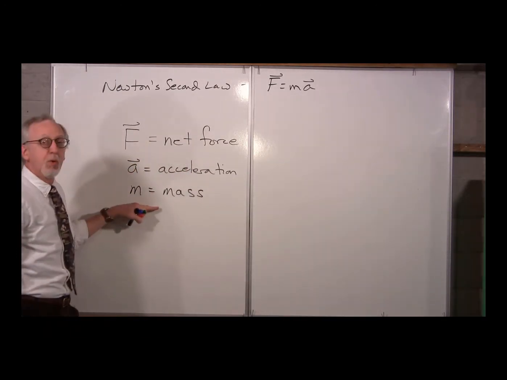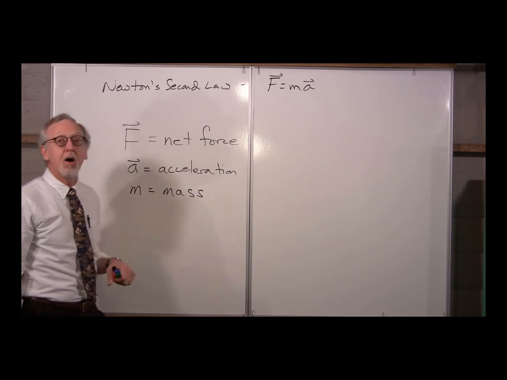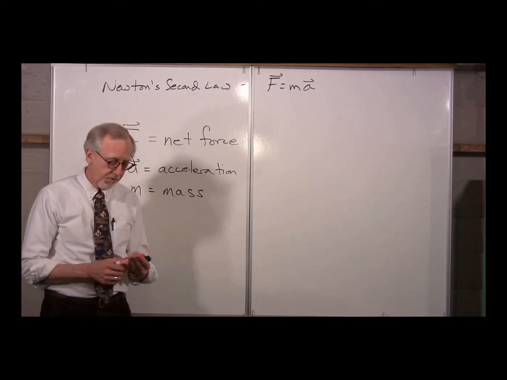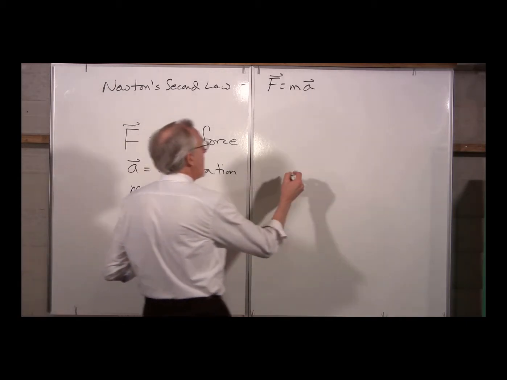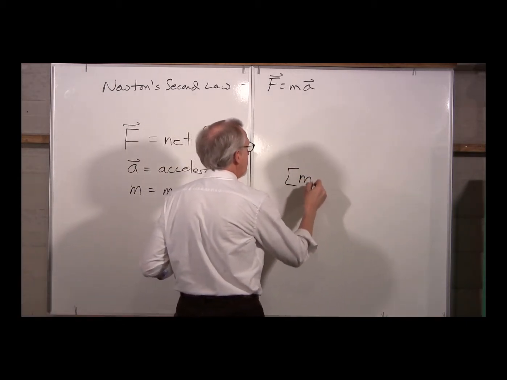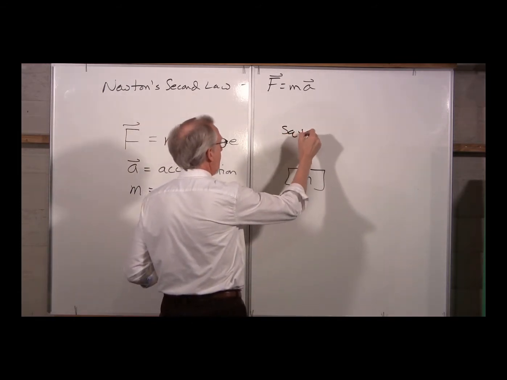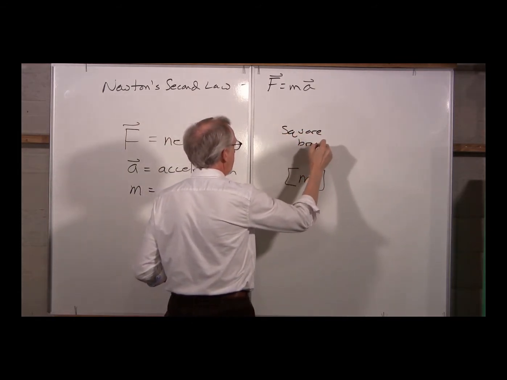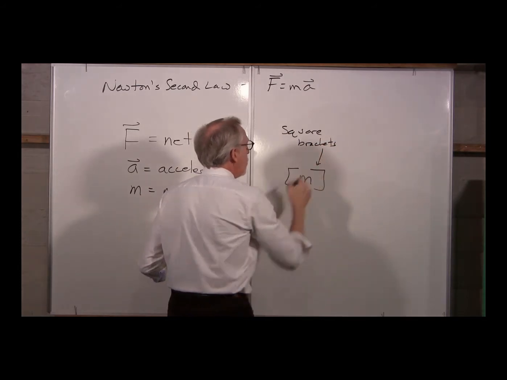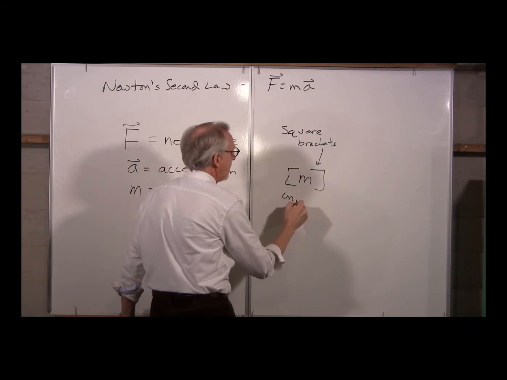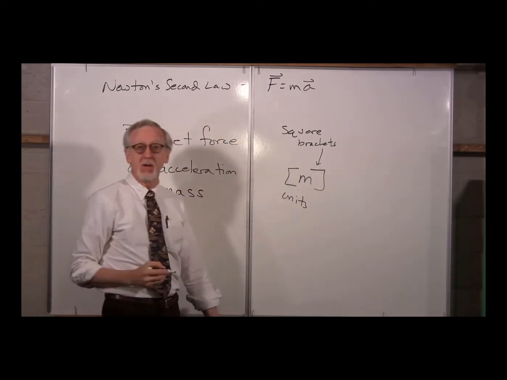The units that we will use for mass are kilograms. The standard SI unit for mass is the kilogram. Whenever I write something in square brackets, what I mean is the units of that quantity.